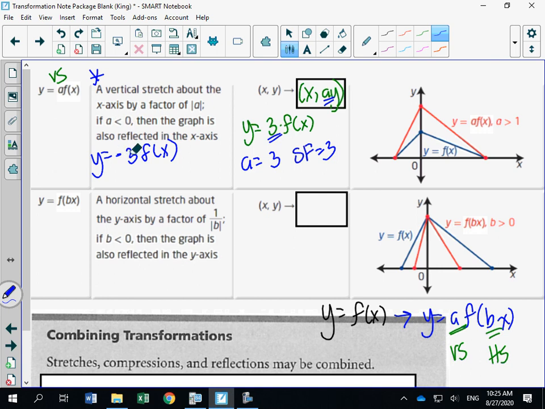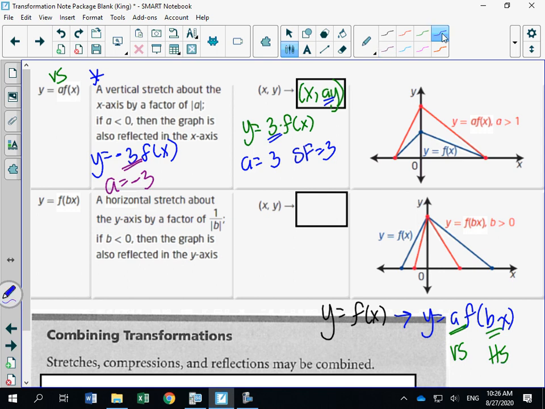If a is less than 0, then the graph is also reflected, because remember, if we have a negative in front of our function, that's going to be a vertical reflection. So if I give you a negative, two things are happening here. What is the a value? The a value is -3 now.